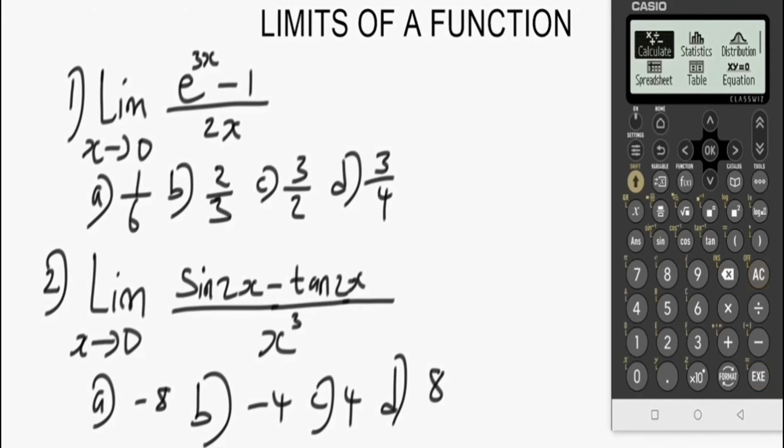So next thing we're going to do will be to store a value on this calculator that we're going to use to solve this limit, which I recommend. For instance, let's bring a question where it says find the limit of the function where x is tending to 0. So we have exponential to the power 3x minus 1 over 2x.